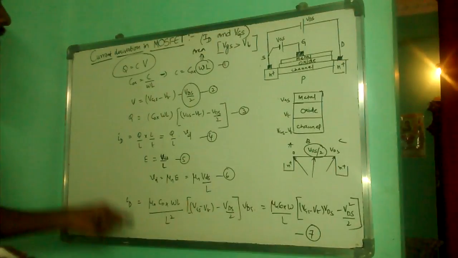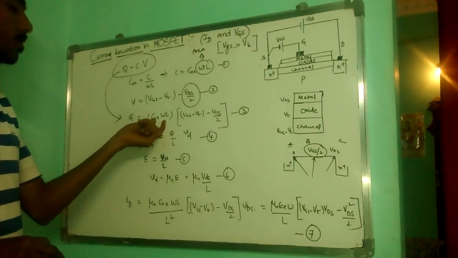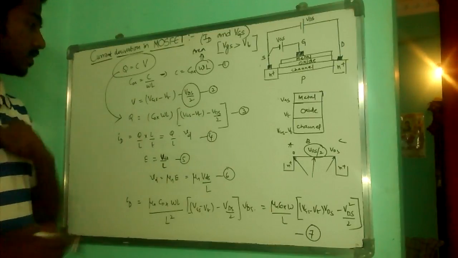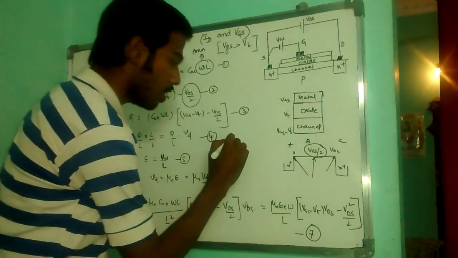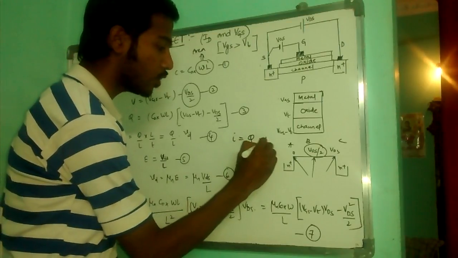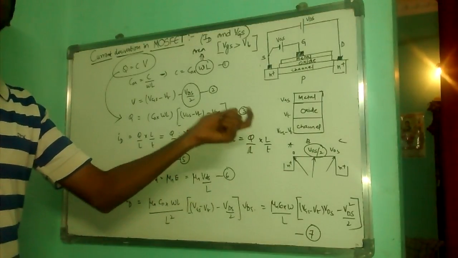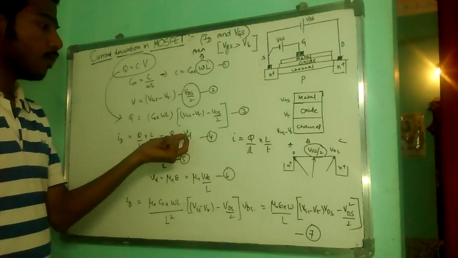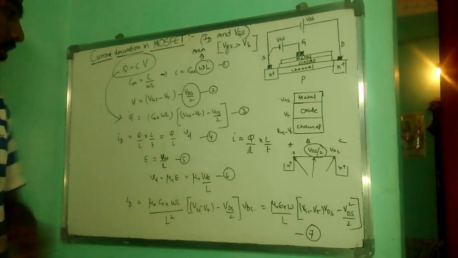This is the second equation. Now Q equal to C into V: Cox into WL from the first equation, and the voltage from the second equation. Substituting, we get the equation for Q. We know that I equal to Q by T. Now I can write this as I equal to Q by L into L by T, where Q by L is one term and L by T, length per time, is the drift velocity, denoted by VD.